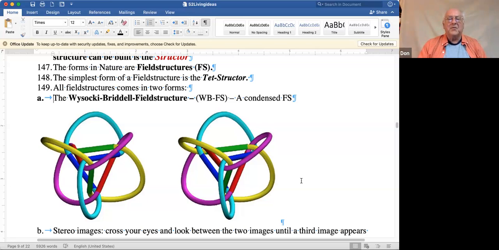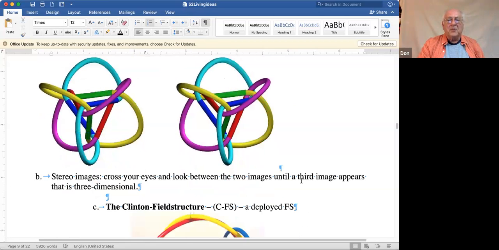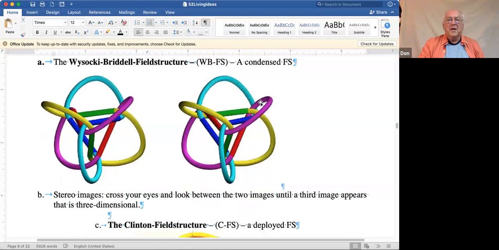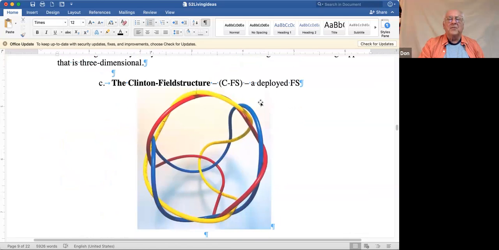And I'll pause for a moment to let you get that effect. Okay, stereo images. Cross your eyes, look between the two images until the third image appears, and that will be three-dimensional. So this is one form of a field structure, the condensed form, and this is the diploid form.